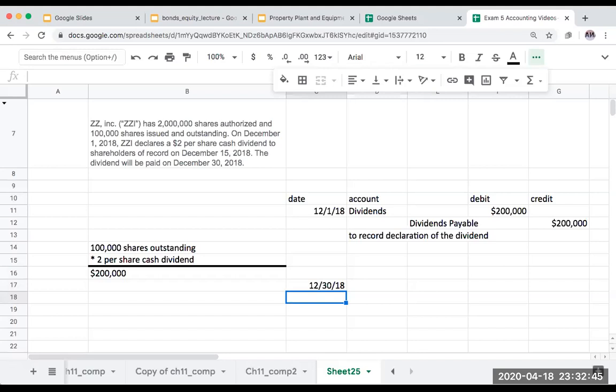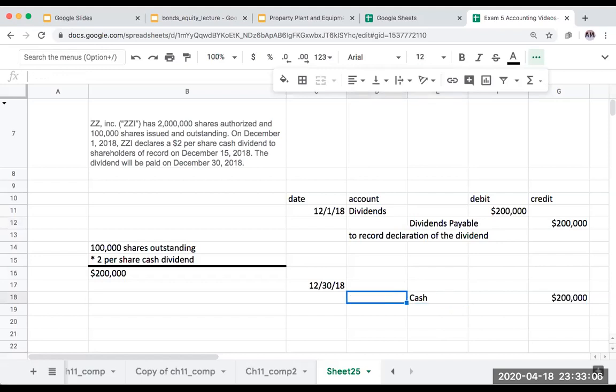So what happens when I actually pay the dividend? My cash is going to go down, so I'm going to be crediting cash for $200,000. At the same time, what account am I debiting? Once I declare it, I have this liability called dividends payable.